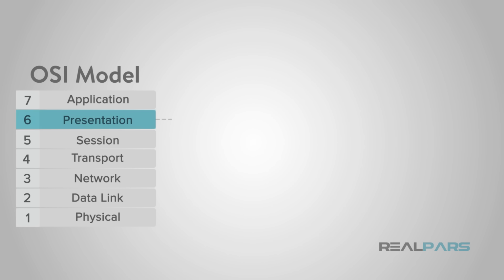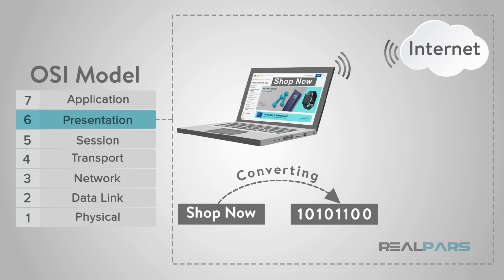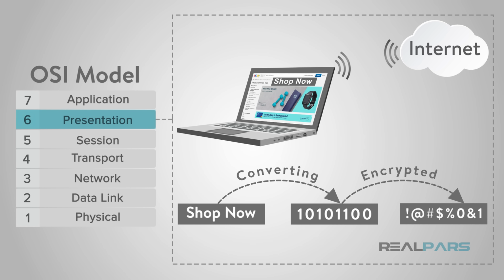The presentation layer, or layer 6, performs the uncomplicated task of syntax processing, or converting data from one format to another. For example, consider you're ordering something from an online store. These transactions are typically handled in a secure transmission, which means that the data passing between the store or the website application will transmit encrypted data to the presentation layer that will need to be decrypted and processed.